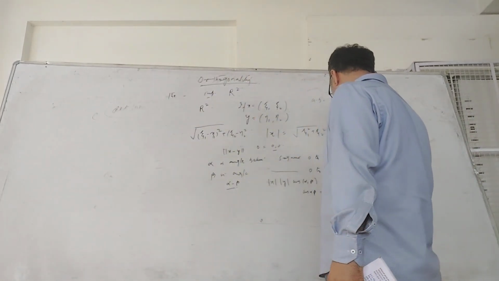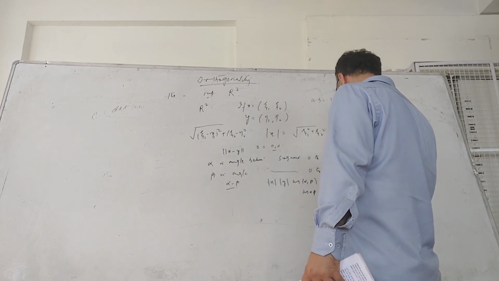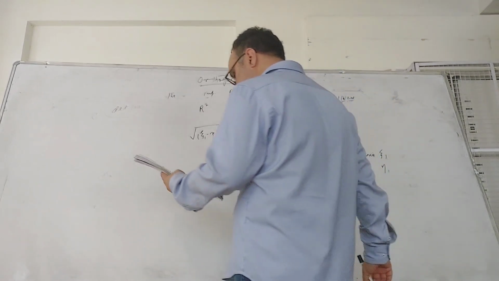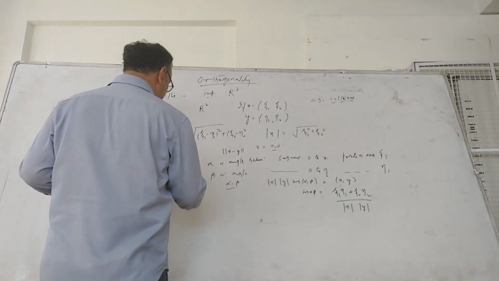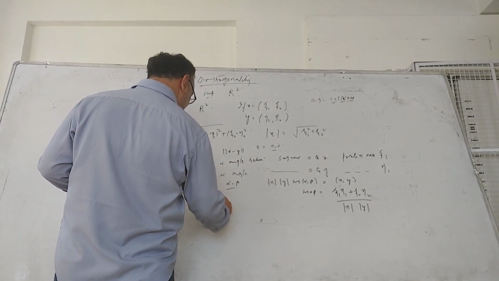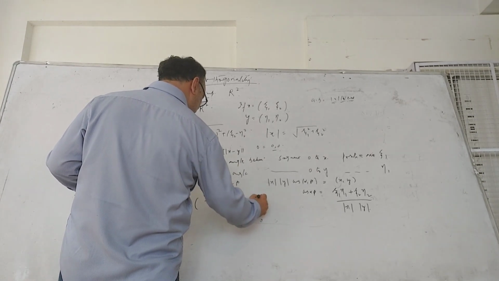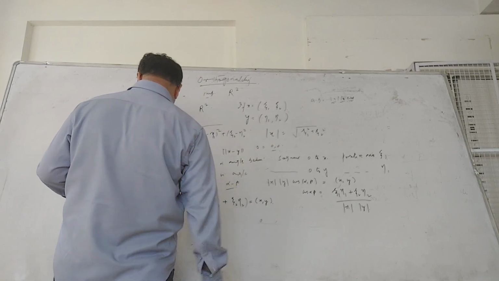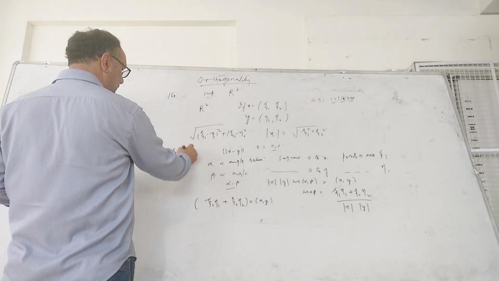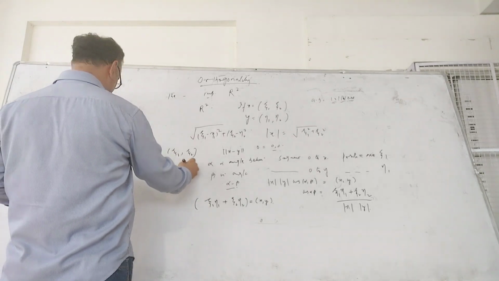So the inner product of x and y, you can write as zeta 1 eta 1 plus zeta 2 eta 2, divided by modulus of x, modulus of y, giving the cosine. Here x is zeta 1, zeta 2, and y is eta 1, eta 2.